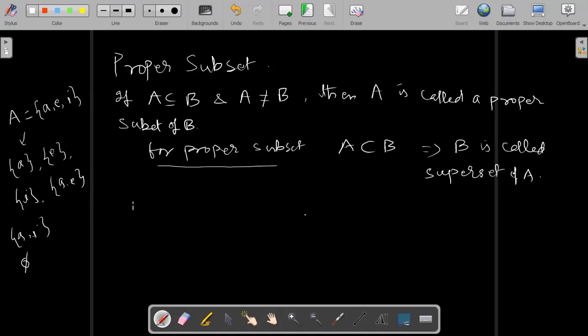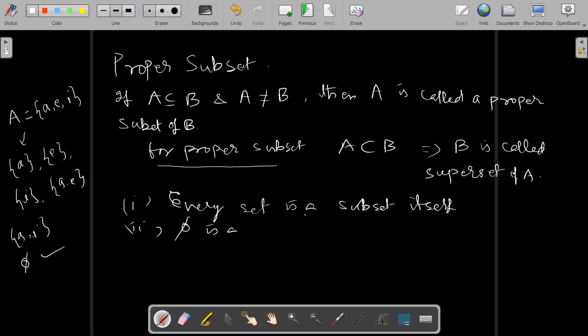I will write fast. First, every set is a subset of itself. That is the first important point. Second point, the empty set phi is a subset of every set, as I told you.